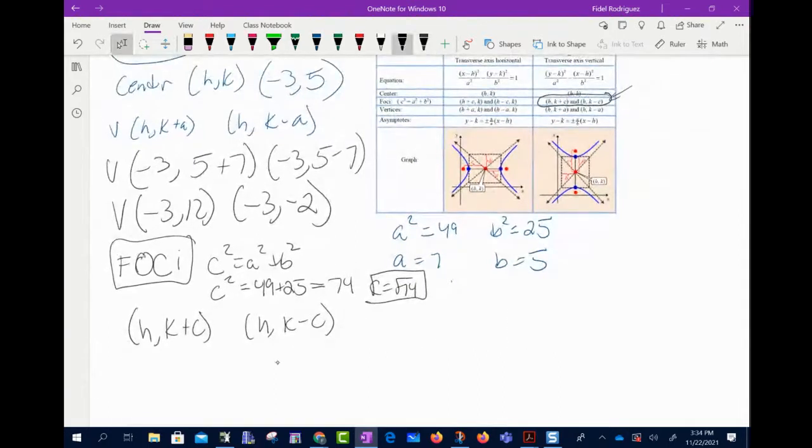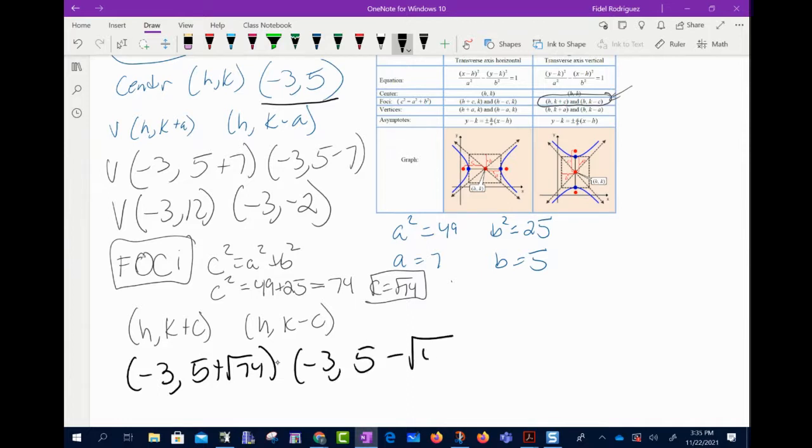So here's my h and my k right there. This is going to be (-3, 5 plus the square root of 74) and (-3, 5 minus the square root of 74).